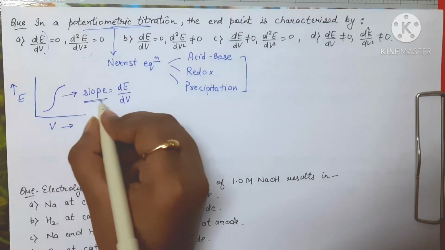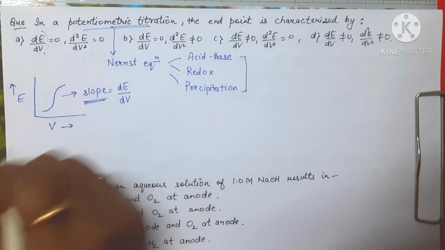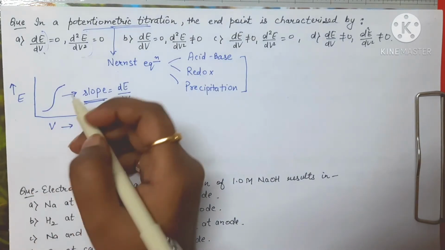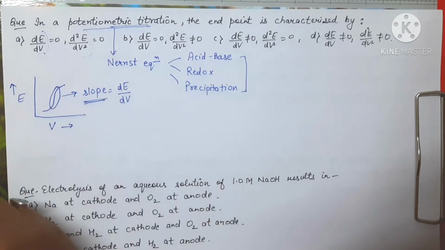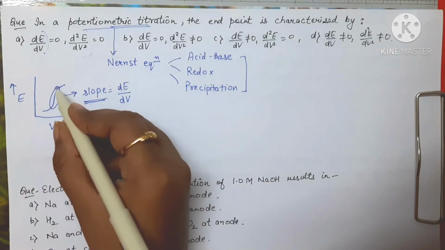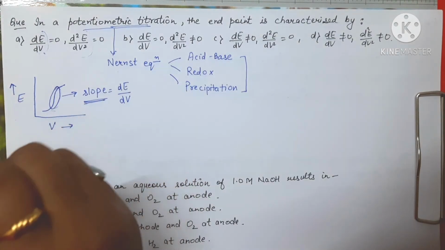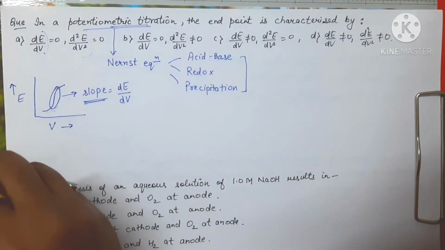The steeper this slope, easier for us to find out the end point, right? So in order to find out the end point perfectly, we have to see that this slope should be steep. Steeper the slope, easier for us to find out the equivalence point.